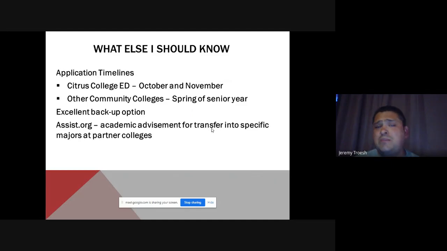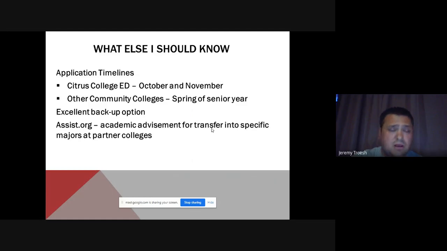And having community college in your pocket is a really good option if you don't get into the school maybe you really want to go to, or if down the road you don't have the finances to make it to the school that you were accepted to. So this is a really great option to have in your back pocket in case you need to use it to continue on in your education.